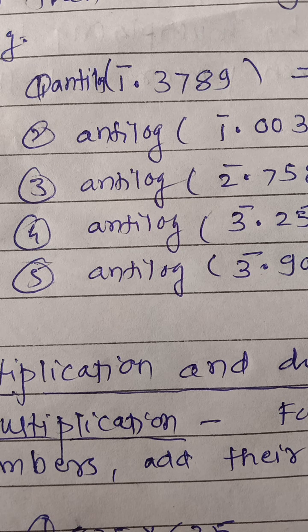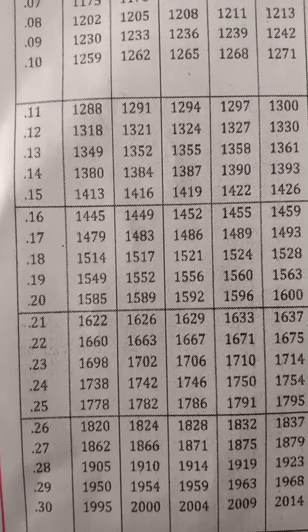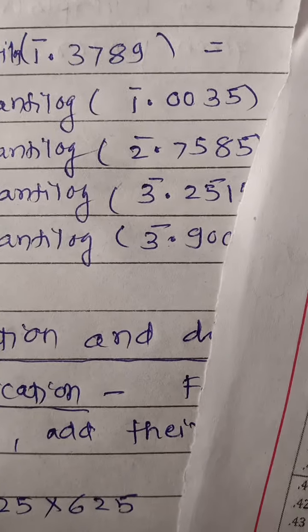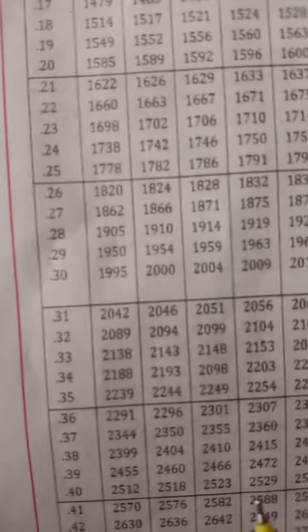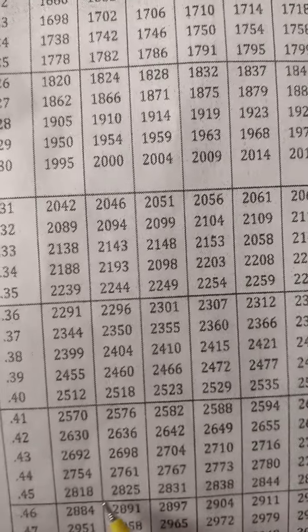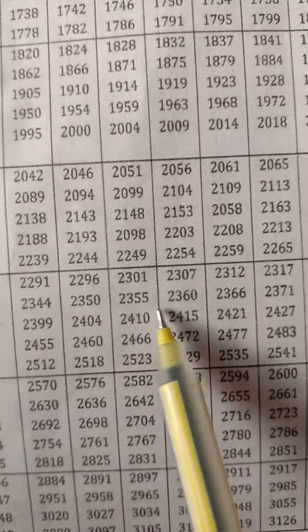The first number is 1 bar point 3789. So the fraction part is 37. Again, from this anti-logarithm we will proceed as it is, 3789, and therefore it will be 37. So 0.3789, that is the 8th column.